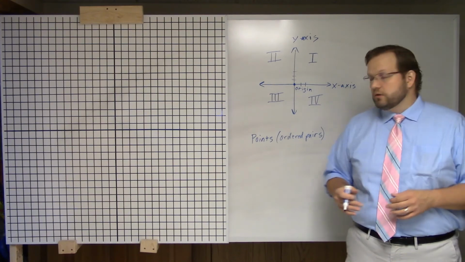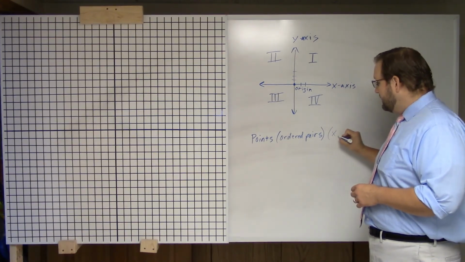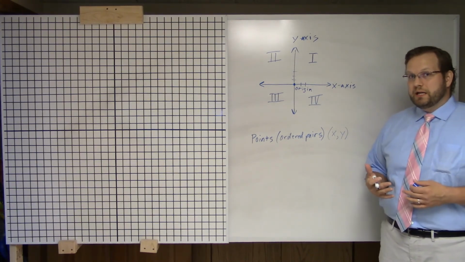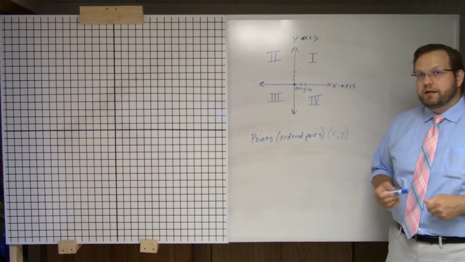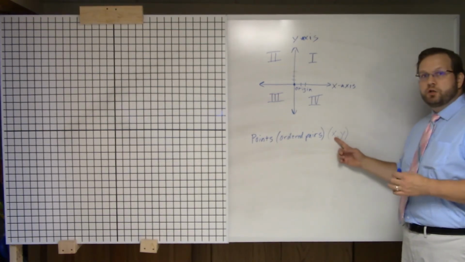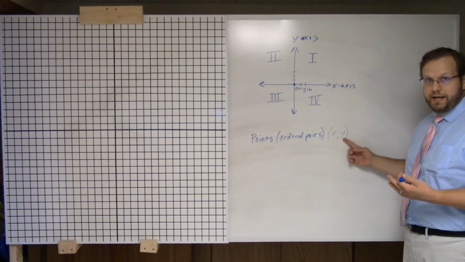Those pairs are always going to be listed as x, comma, y. The x and y come from the x-axis and the y-axis. So when we're trying to locate ourselves in two-dimensional space, this will tell us the location along the x-axis. This will tell us the location along the y-axis.